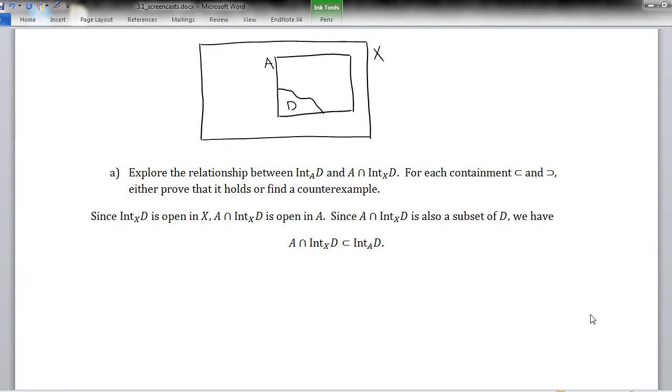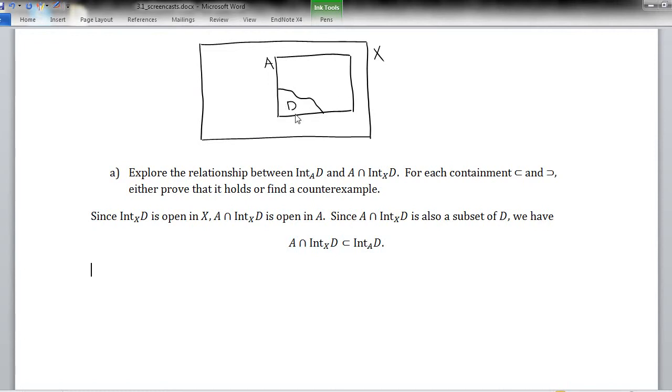And so maybe I can convince you of that by looking at the picture up here. If you think about the interior of D in A, it's going to contain everything on the inside of D, as you would expect. It's also going to contain these points from the boundary of A. Because if you sort of forget about X being here, those points are not close to anything else in A, right?